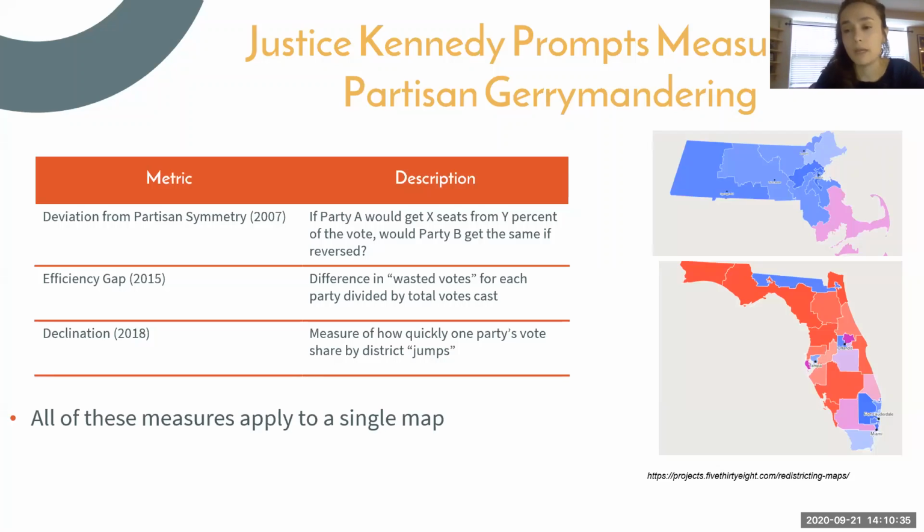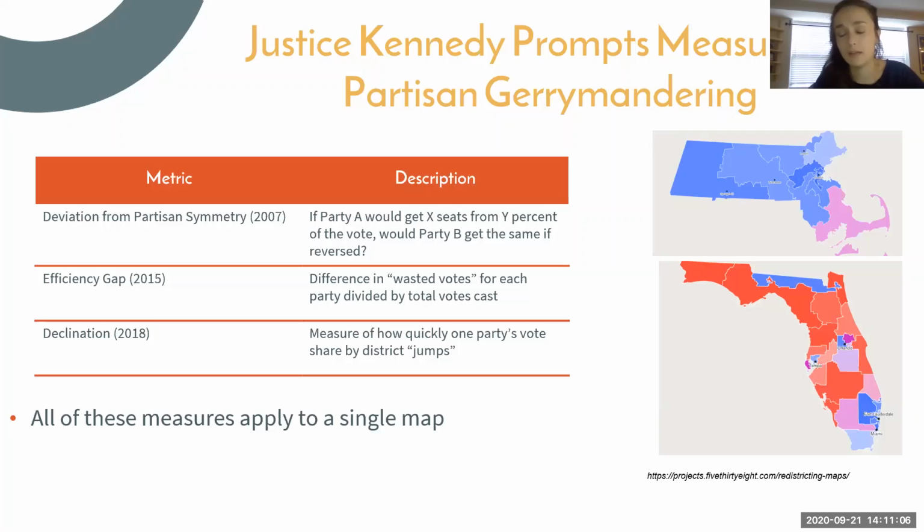All of these metrics apply to a single map, so they don't take into account different political geographies from state to state. So it's really hard to come up with a universal cutoff of when a map is gerrymandered or not just based on these scores. For example, a map that has a 2% efficiency gap in one state and a map that has a 10% efficiency gap in a different state doesn't necessarily mean the 10% one represents a gerrymandered map.